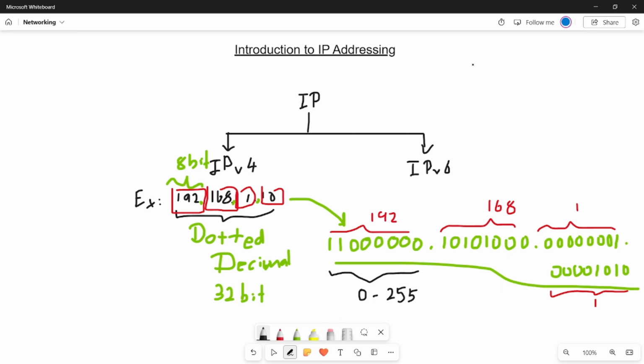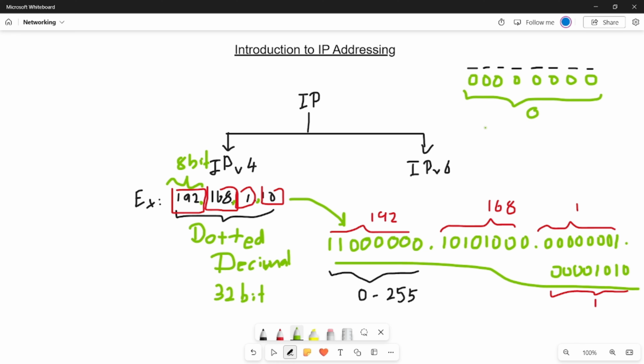We have 8 bits here, 1 2 3 4 5 6 7 8. To calculate the minimum value we can represent using these 8 bits, we simply put all of these bits as 0. After putting those zeros, if we convert this into decimal format, we get 0 as our minimal value.